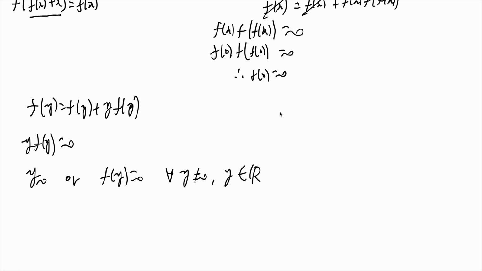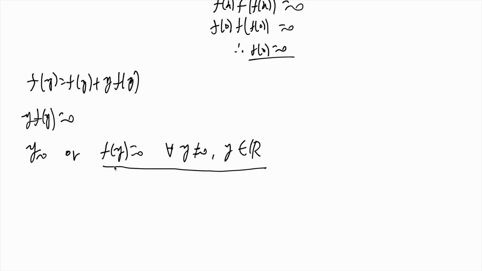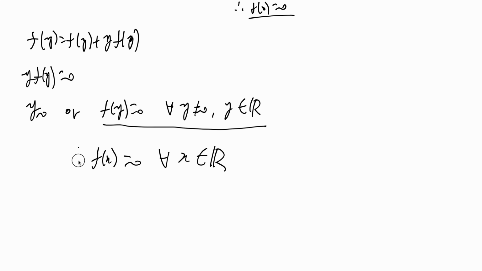Now, we also know that f(0) equals 0. That means, using this fact and this fact, we know that f(x) is equal to 0 for all x. So basically this is our solution: f(x) is equal to 0.